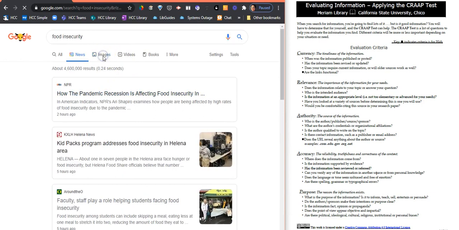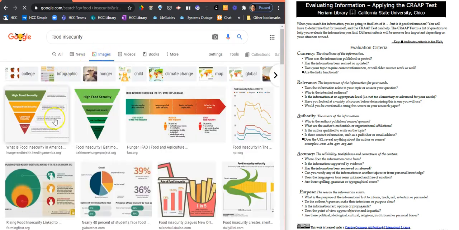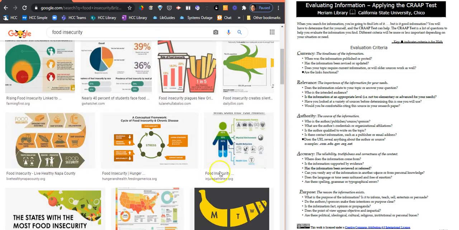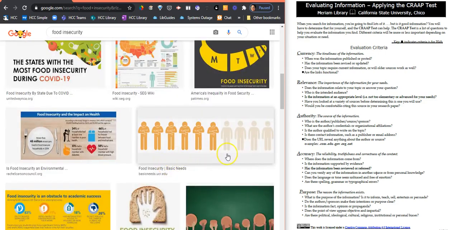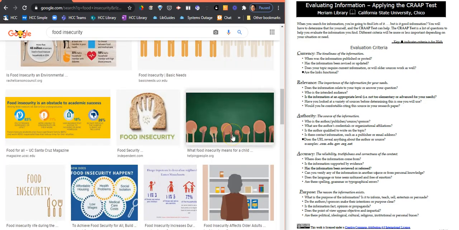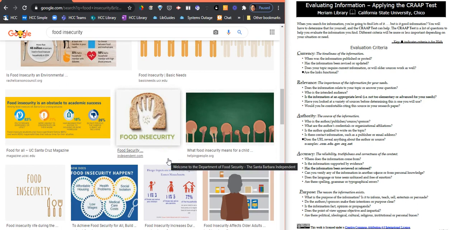Looking at images, we can do the same thing. We can take a look at where these images are from, if we can find dates on them, if we can figure out where they came from. Just grabbing one and taking a look at it, it's the same thing as taking a look at those websites, checking for all the evaluation criteria.